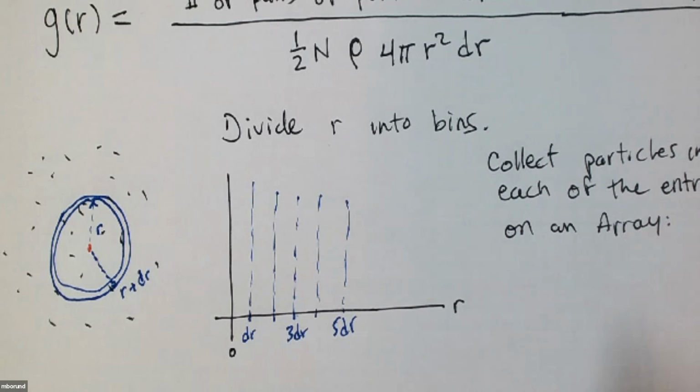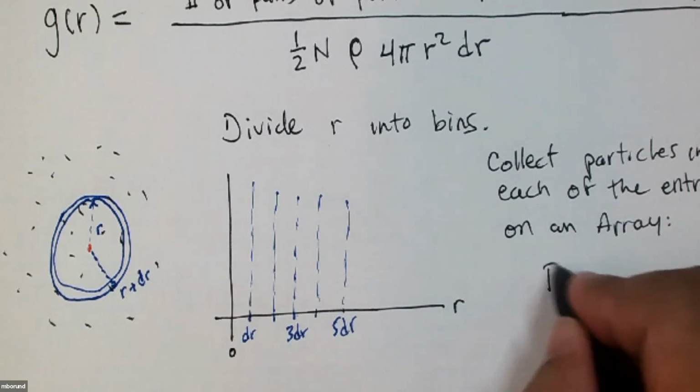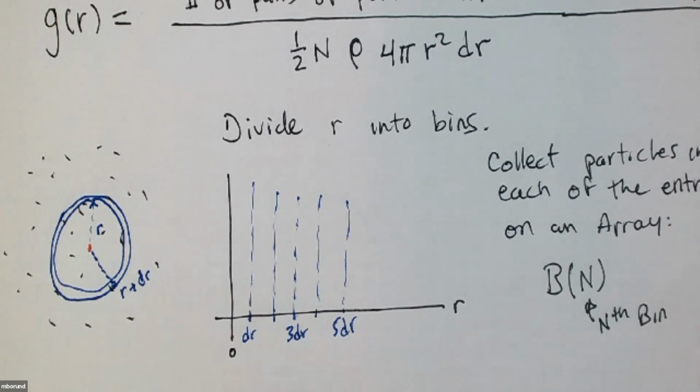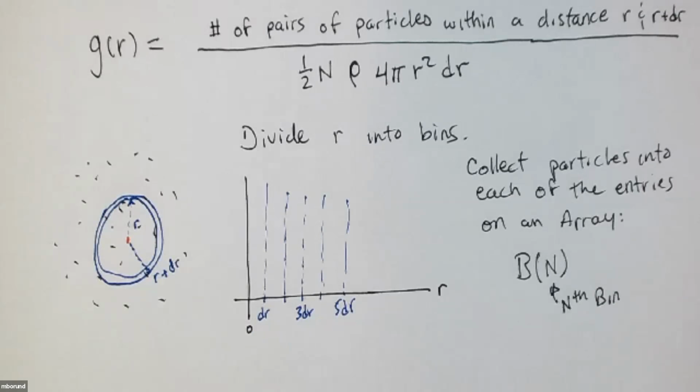So for instance, if you're looking at the n-th bin, it would be like B of n, and this is the number of particles that fit in that bin.